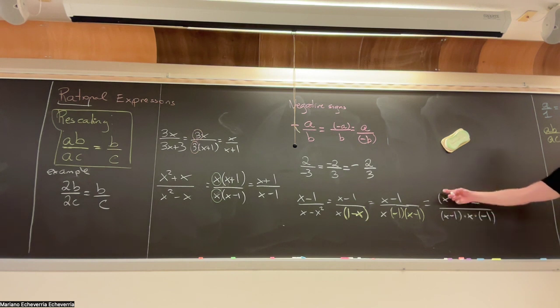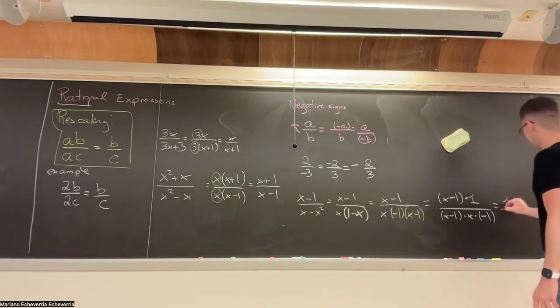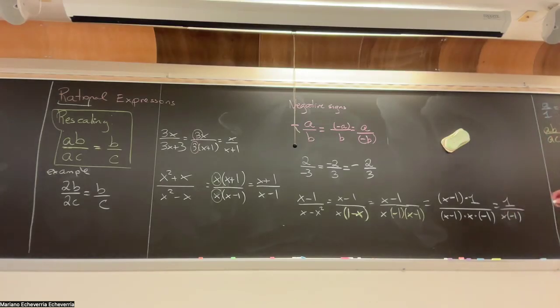You have x minus 1 at the top and bottom, so you can get rid of it. So you end up with 1 over x times -1. But as I said, it looks weird to have the -1 at the bottom, so you can move it up. So it is 1 over minus x, which is -1 over x, for example. That is one way to do that.